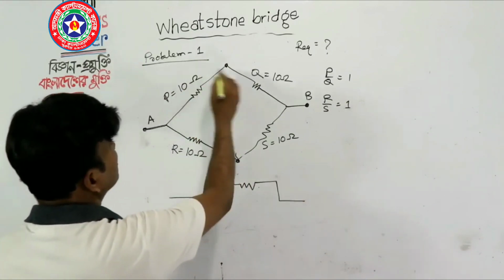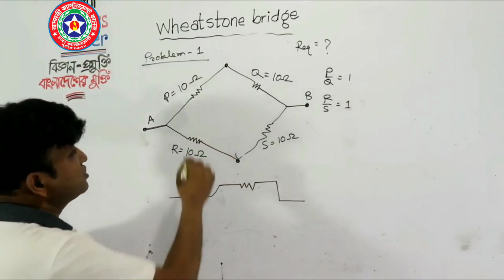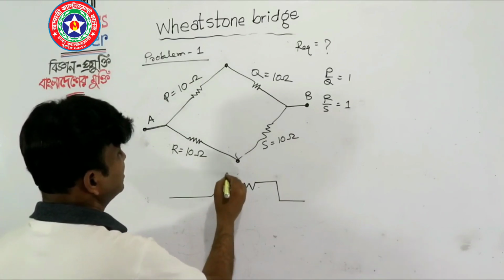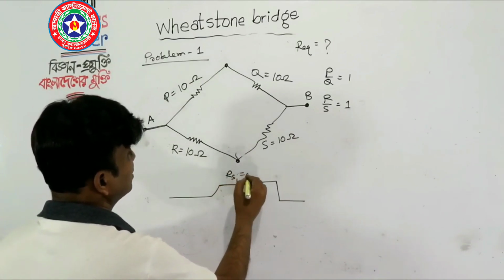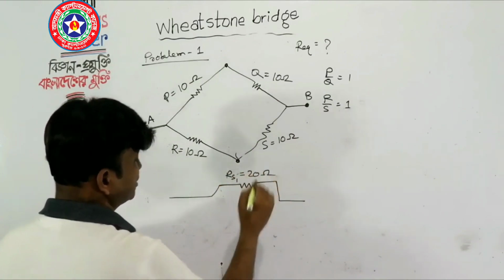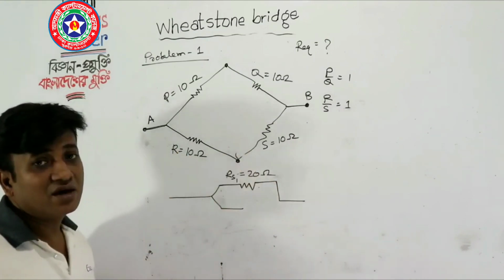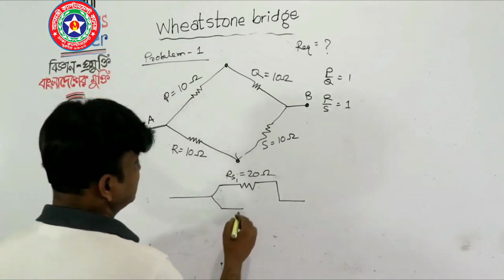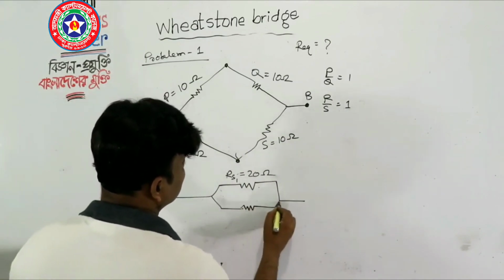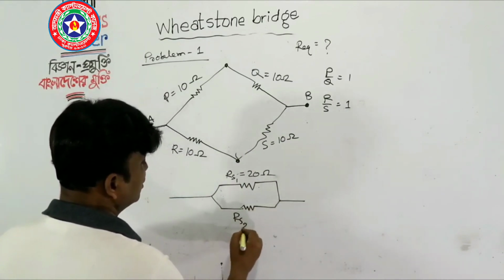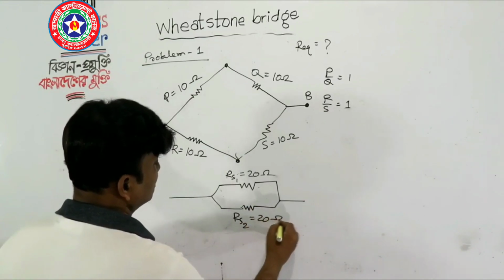P and Q, as they are connected in series, their equivalent resistance is, suppose, Rs1 equals 20 ohms. Again, R and S are also connected in series, therefore their equivalent resistance Rs2 is also 20 ohms.